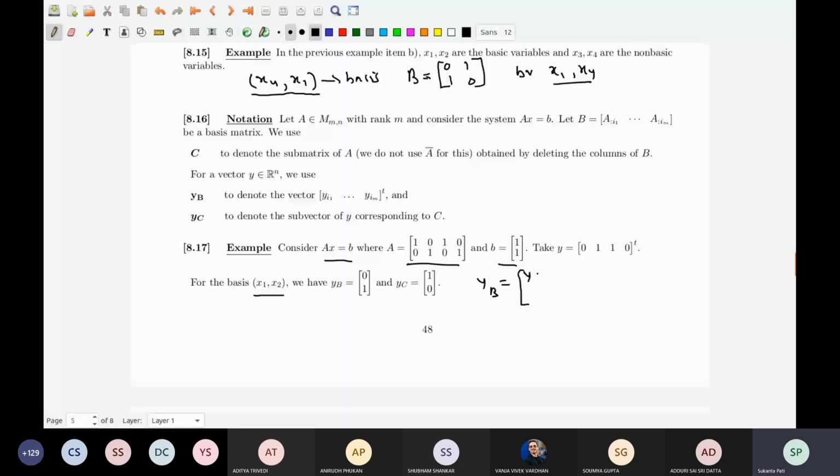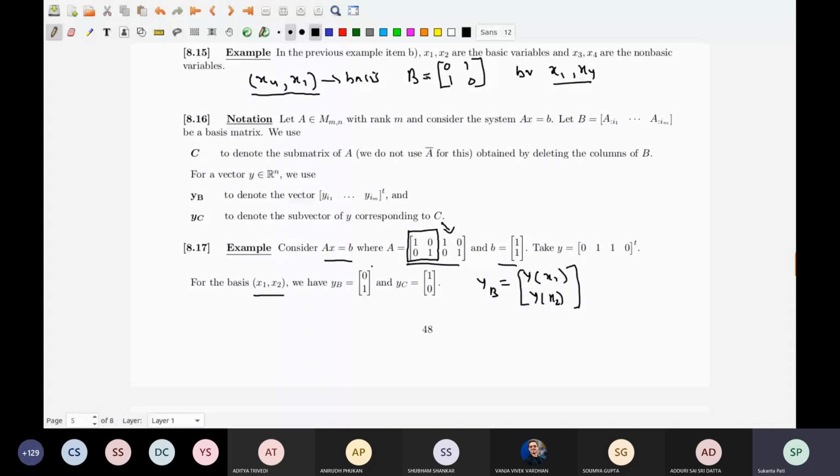And then what is C? Now here the basis matrix is this one, because I have taken x1 x2. Sometimes for the other one it will be rotated, I mean interchanged. But by saying C, I mean the remaining part of the matrix. So C stands for this portion for this particular basis.